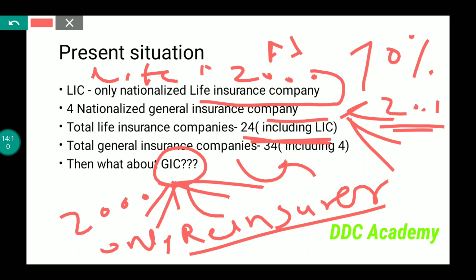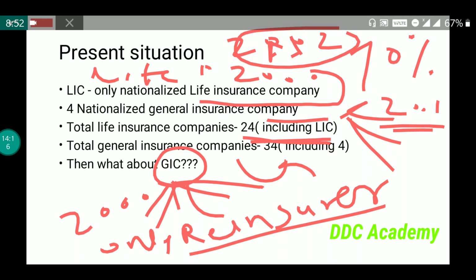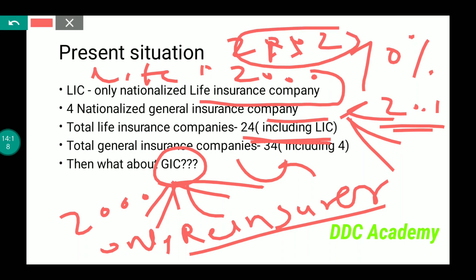And one more piece of information for you. In 2002, banks were given permission to carry out insurance business. Nowadays in the news we are seeing many bank insurance tie-ups, that is, banks and insurance companies coming together and joining hands.